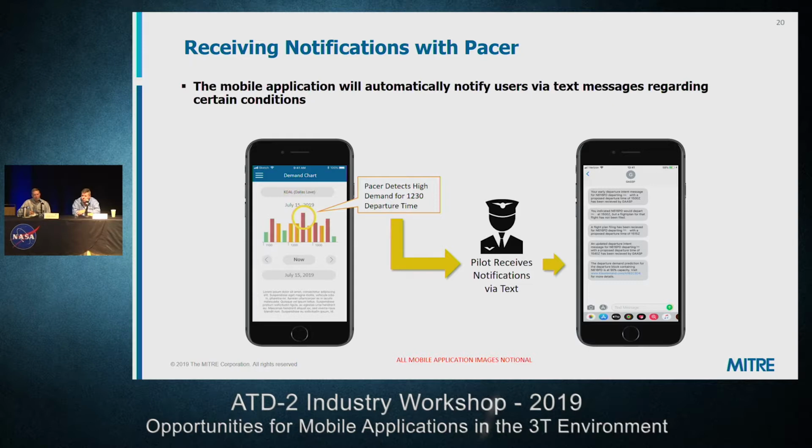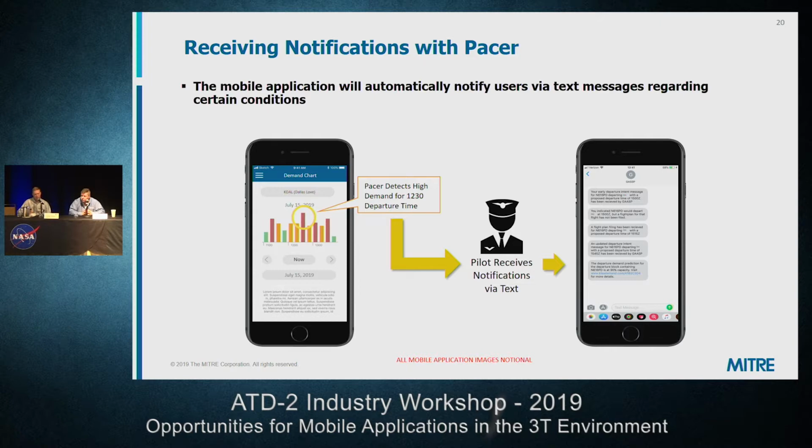Notifications are another feature that we found useful. So I've already shown some notifications, such as the expected runway and target takeoff time, but we can also enable other types of notifications. Let's say a pilot indicates that they're going to depart.